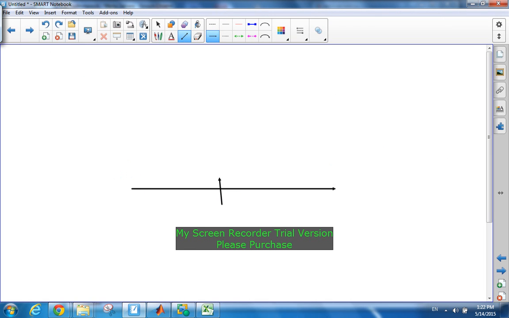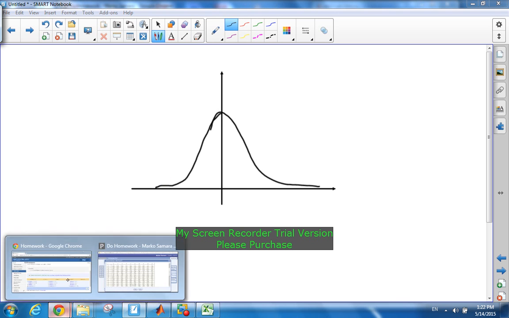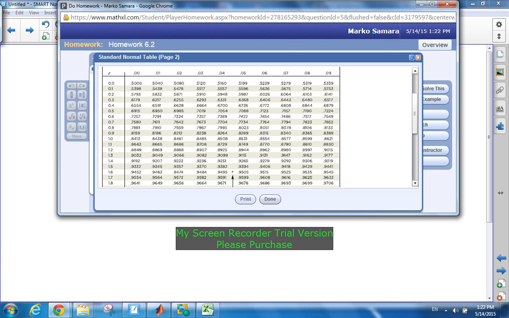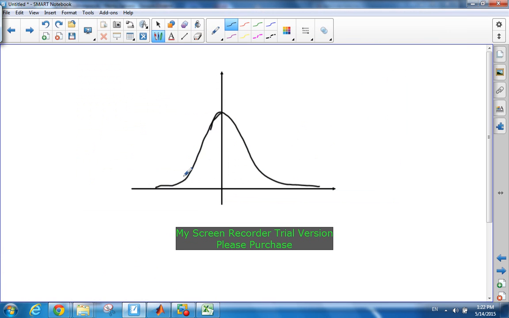Maybe I should again draw a graph. So the picture goes like this. Again, a bell-shaped curve, and we have from negative 1.42 to 1.86. We need this area.